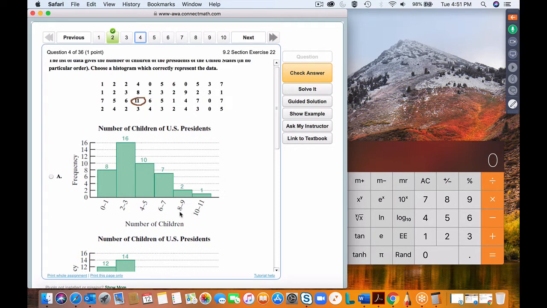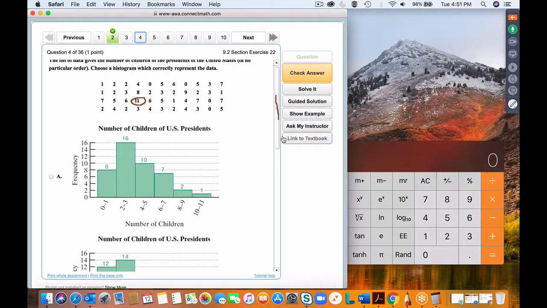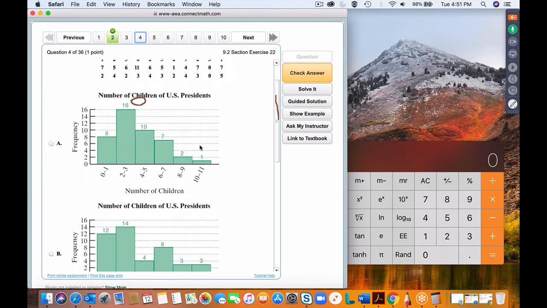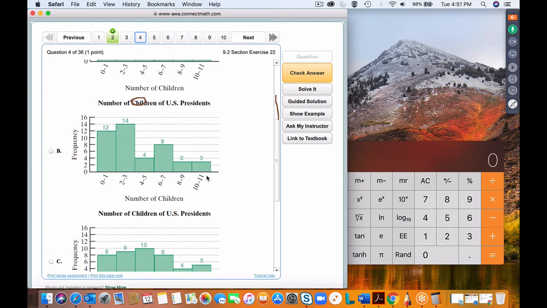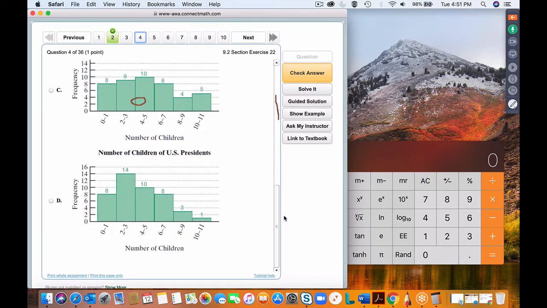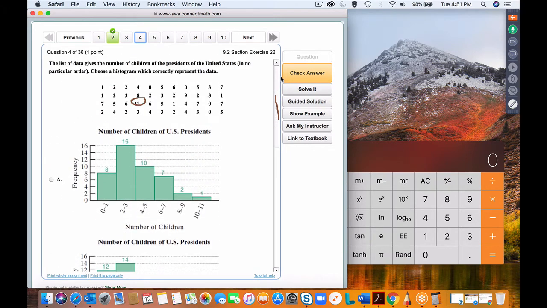Now on A and 9, we have two graphs with the 1 and maybe 3 or 2. So we have a choice here. It may be 3 or 2.